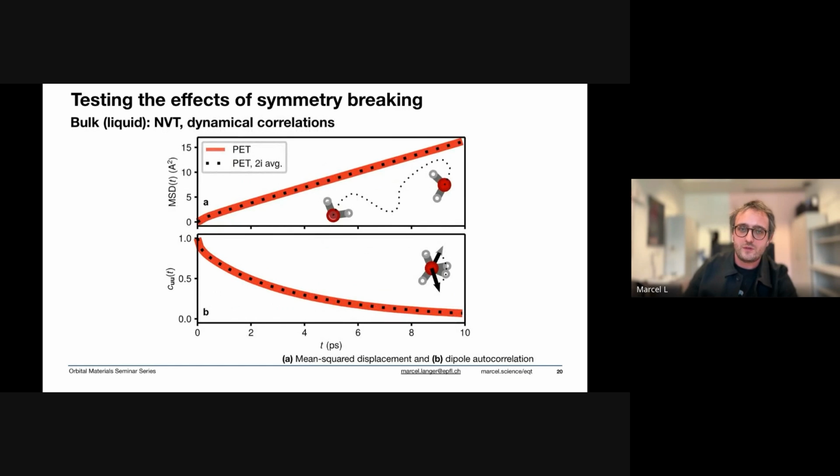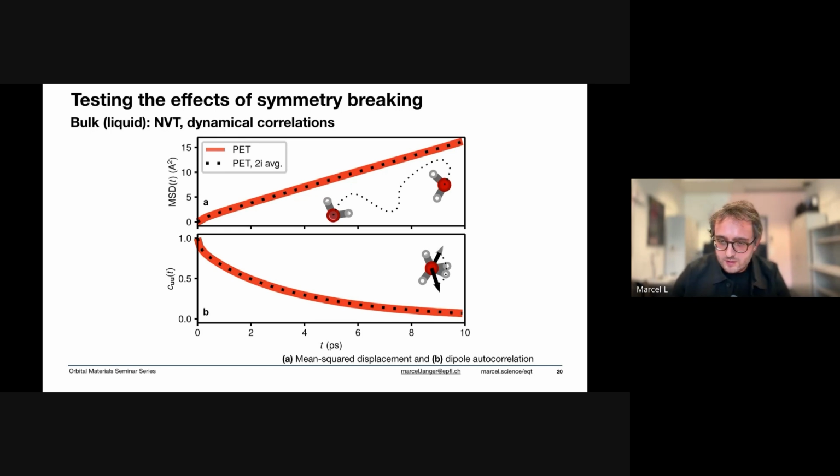The same holds for dynamical correlations. At the top here, you see the mean squared deviation, the slope of which would give the diffusion coefficient. It's also unchanged. At the bottom, we see the dipole autocorrelation function. It also has not changed. So for this liquid water, we could find no observable where this non-invariance made any difference.